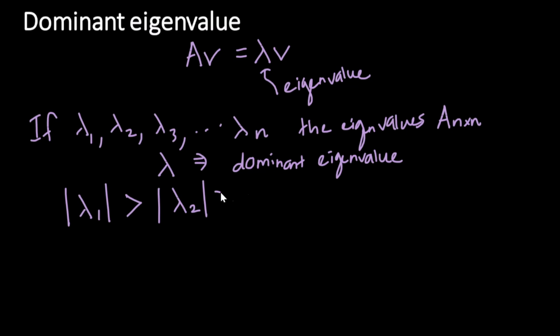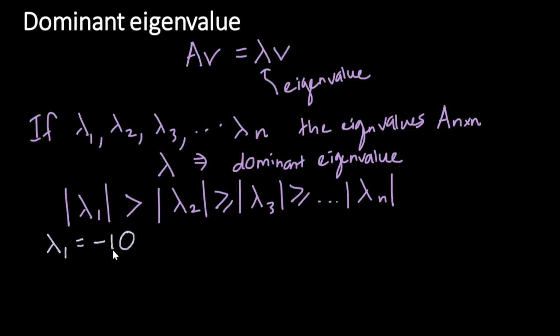and this is greater than or equal to the absolute value of lambda 3, and so on up to lambda n. An example could be lambda 1 as negative 10, lambda 2 as 5, and lambda 3 as negative 5.